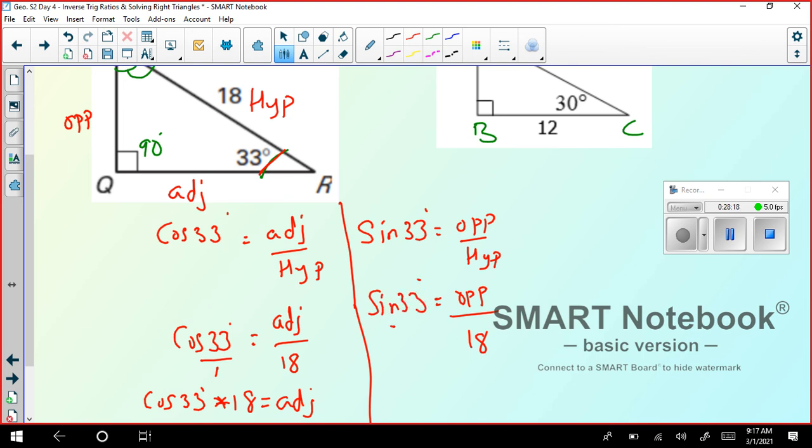So cross multiply once again to get 18 times sine 33 degrees is your opposite. So 18 times sine 33. Instead of cos this time you are doing sine.